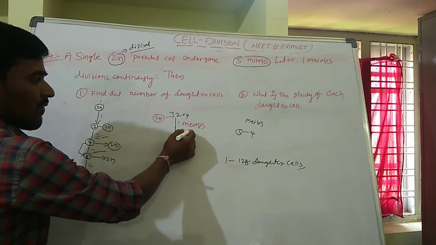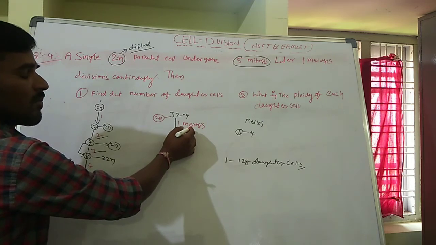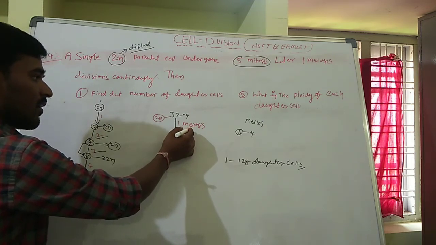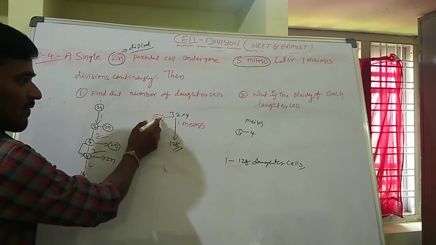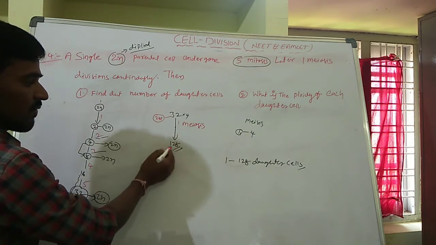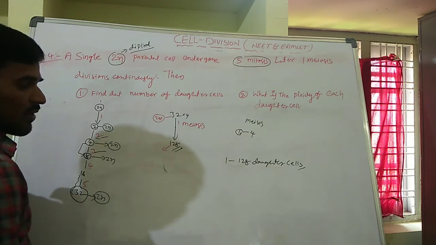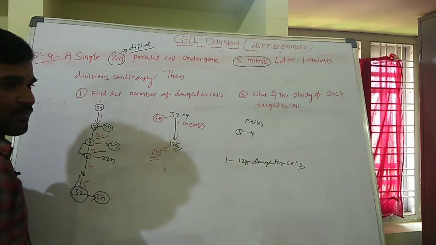So what will happen in meiosis division? The chromosome number, or chromosome ploidy, is reduced into half. Here, each cell is 2n. When they enter into meiosis, the ploidy is reduced into half. Then, in 128 cells, each cell is in haploid state.